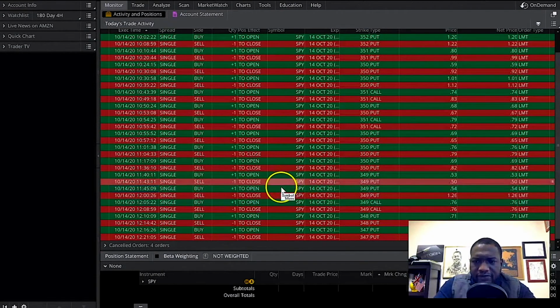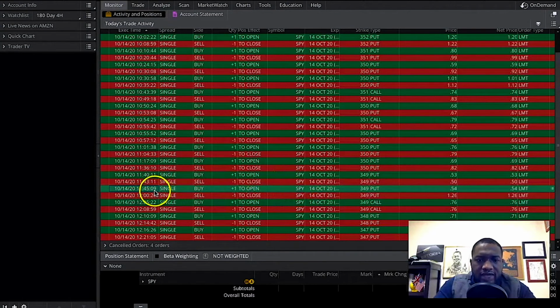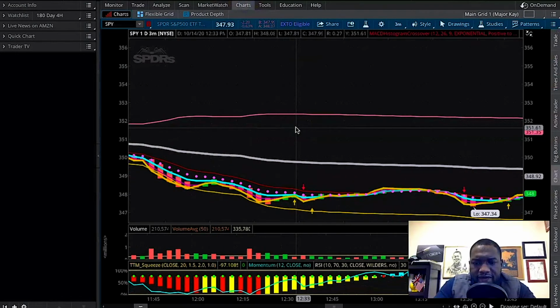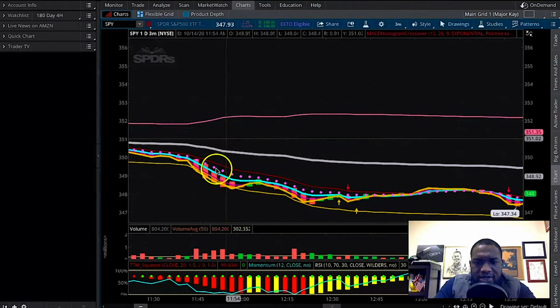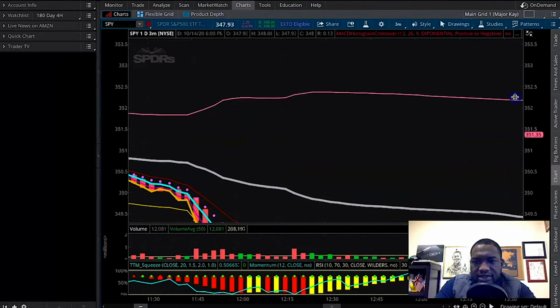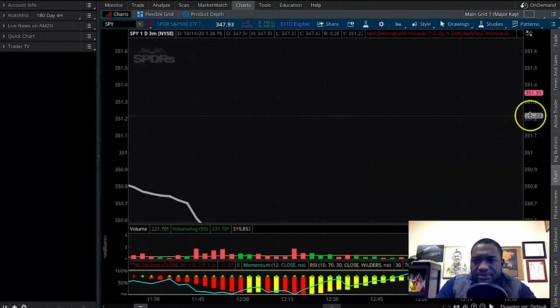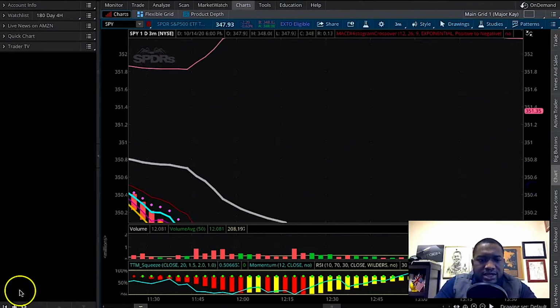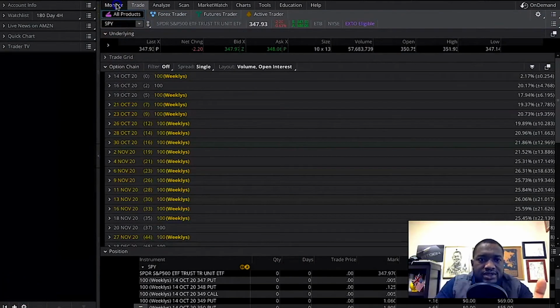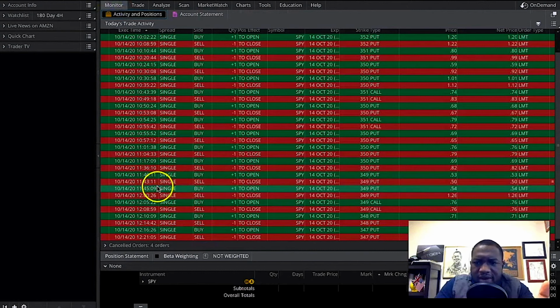So let's go back to the chart and take a look at this. 11:45 was around this time right here. Give me a second. Now this thing can be a little bit tedious to use sometimes. Okay, so that was around 11:45.